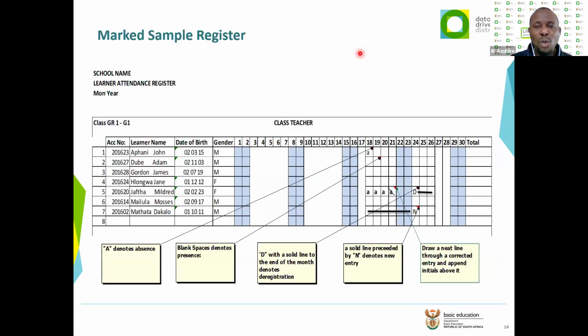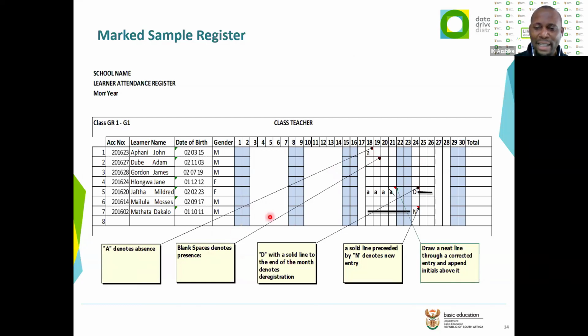Now, we have also looked here, we saw that there's a sample marked SSAMS register, okay, which has the school name, learner attendance register. We have the grade, we have the learner name, date of birth, the gender, and also we have the attendance. Now, A here denotes absence. It can be small a, it can be big A, whatsoever your province approves, okay?